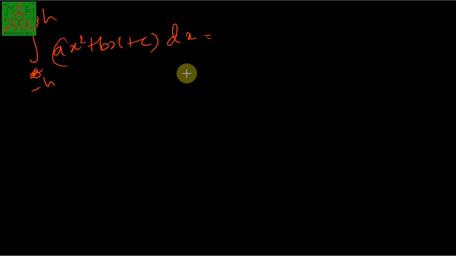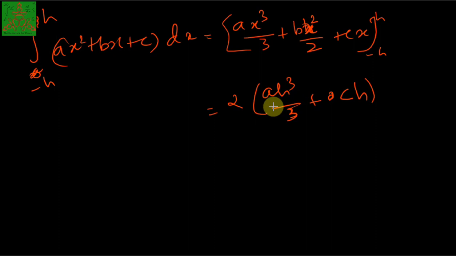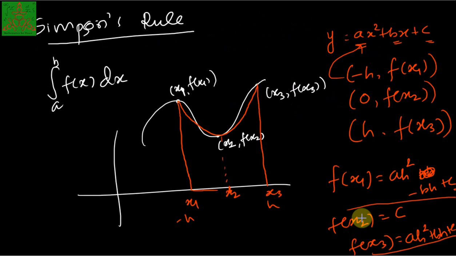If I integrate this, it is ax cube by 3 plus bx square by 2 plus cx, with limits from minus h to h, so it is 2 times ah cube by 3 plus ch as the answer. Hence, I need to calculate the values of a and c in terms of f of x1, f of x2 and f of x3. The value of c we already have in terms of f of x2.